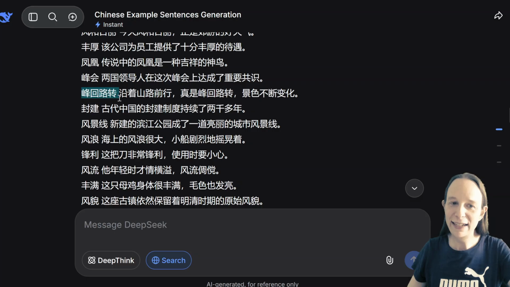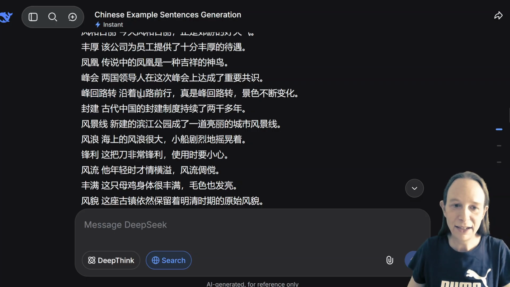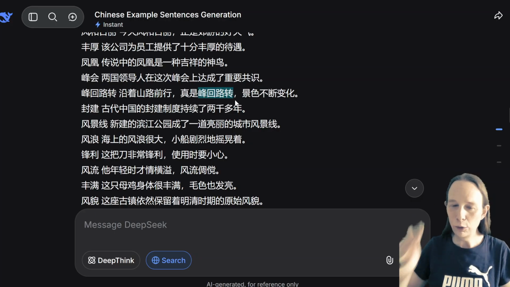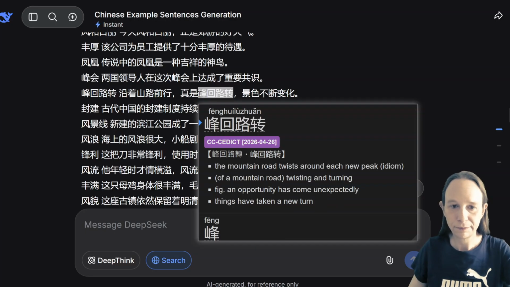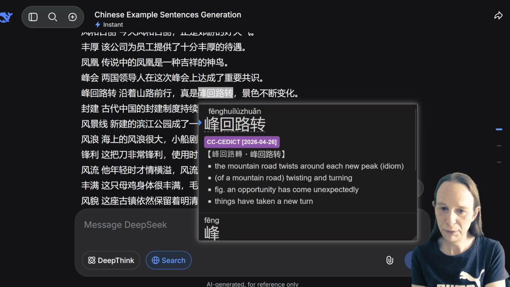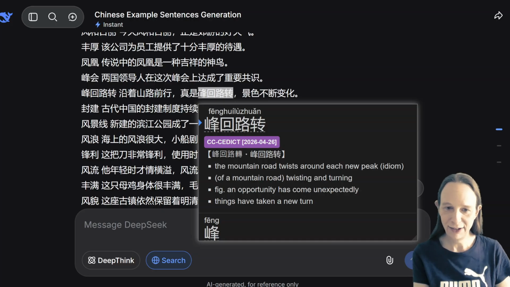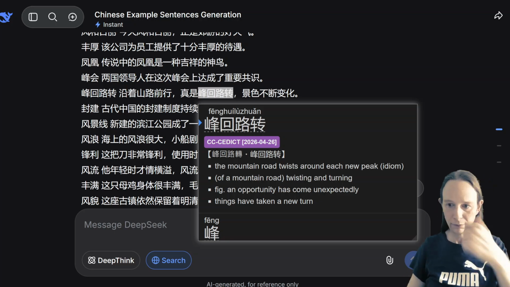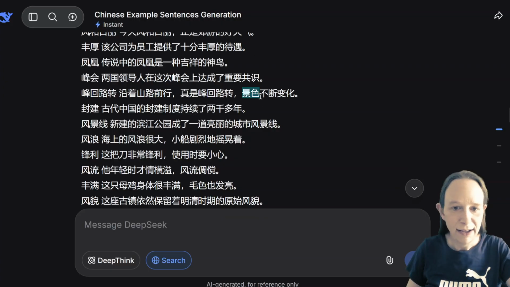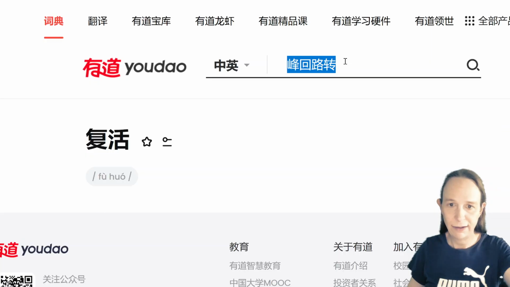Maybe it's just windy roads or something like this. 沿着山路前行，真是峰回路转，景色不断变化. A mountain road twists around each new peak. Okay, so lots of twists and turns, figurative as well. Opportunities come unexpected. All right. 景色不断变化. All right, so where were we?